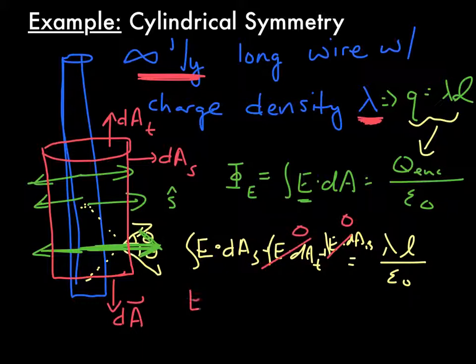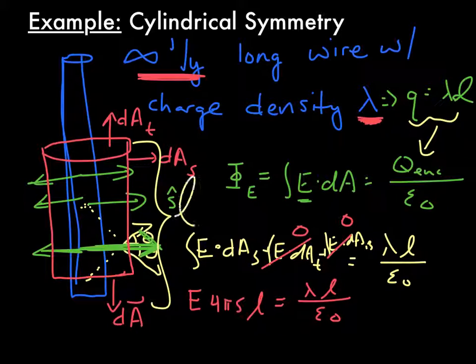So all you're left with is E times the area of the side. In this case, it would be 2 pi s, that's the circle around it, times L, equals lambda L over epsilon naught. So this right here is the distance around, that's the circumference of the cylinder. L would be this length.